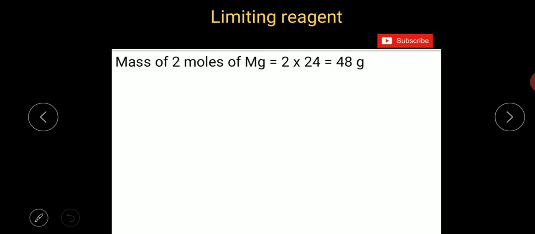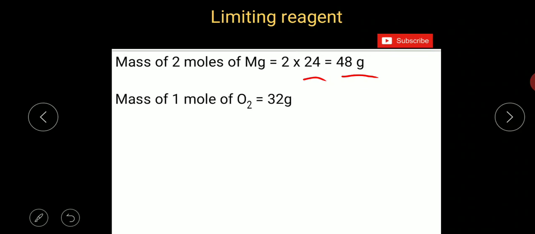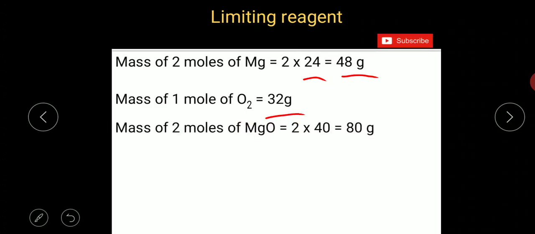What is the mass of 2 moles of magnesium? Magnesium atomic mass is 24. So the mass of 2 moles of magnesium is 48 grams. What is the mass of 1 mole of O2? Its gram molecular mass is 32 grams.